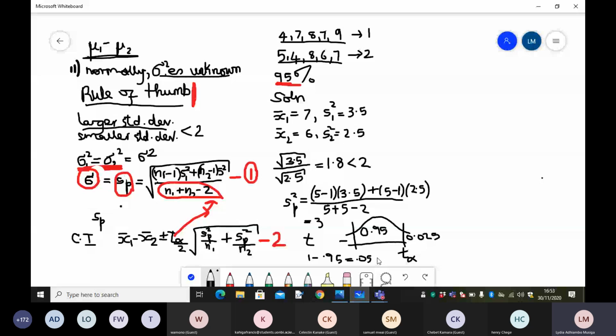So we need to divide that by 2, and that's how we get 0.025 to the right. So we shall look for T 0.025 and the degrees of freedom.